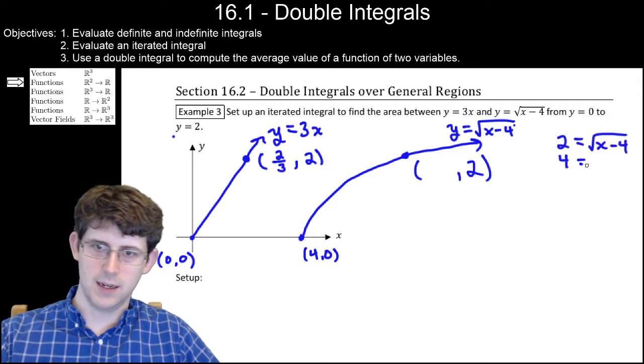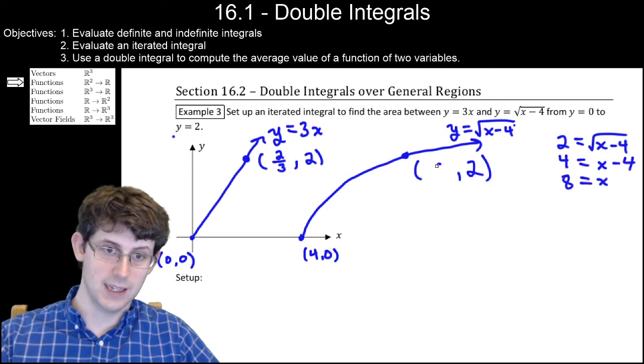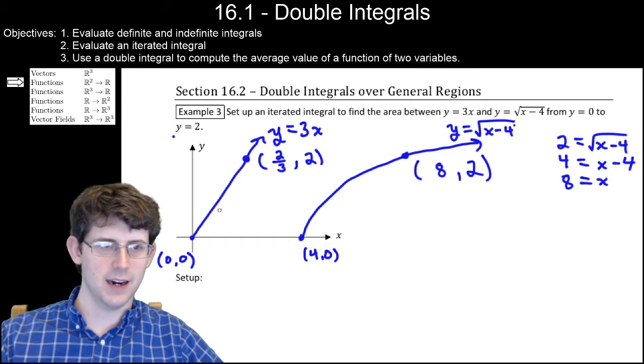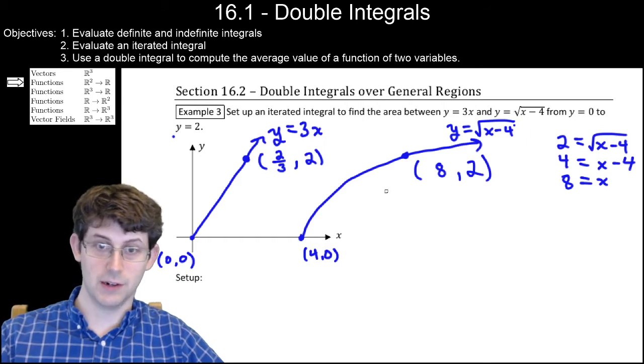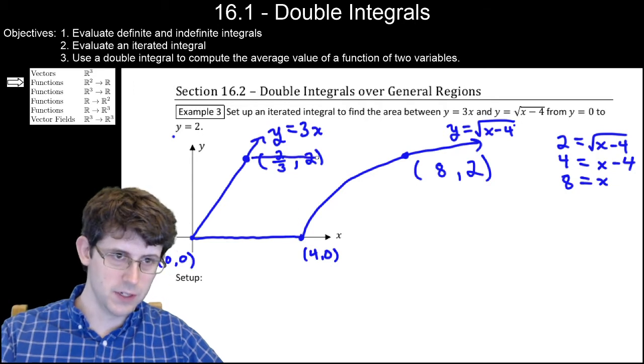Square both sides, and it looks like we get y equals 2 at x equals 8. So we're trying to find the area between y equals 3x and y equals the square root of x minus 4, between y equals 0 and y equals 2.